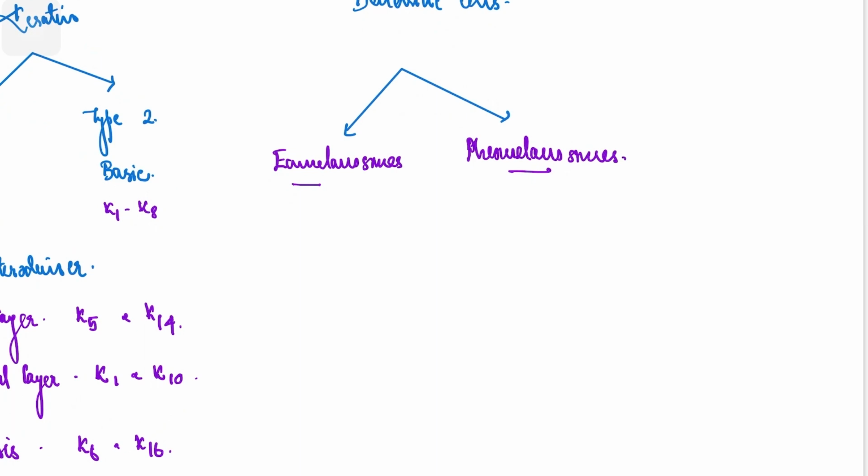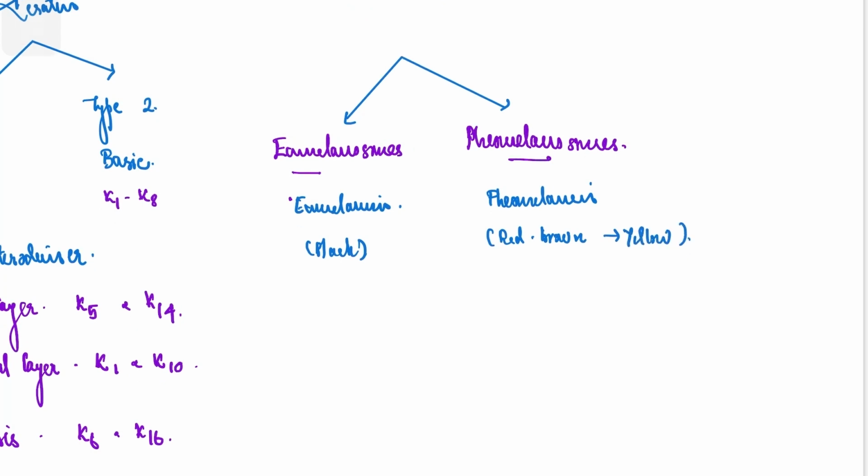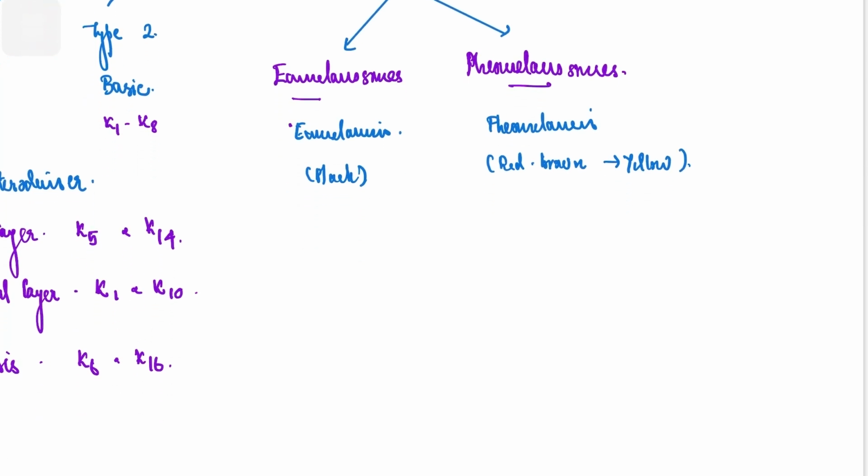The eumelanosome contains eumelanin, which gives the black color, and the pheomelanosome contains pheomelanin, which gives the red, brown, or yellow color. Based on the concentration of these two melanins, eumelanin and pheomelanin, we get the constitutional color of the skin.